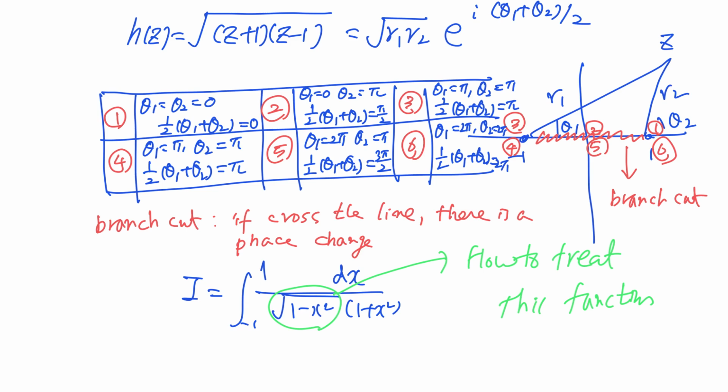C is z squared minus 1, with two arc angles.